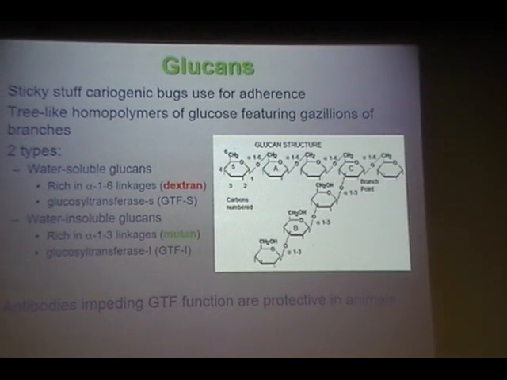These are homopolymers of glucose. They're also homopolymers of fructose. They feature a gazillion branches. I can't emphasize how many branches. Okay? And there are two types. The alpha-1,6 dextran, the alpha-1,3 mutan. The alpha-1,6 is water soluble, the alpha-1,3 is water insoluble.